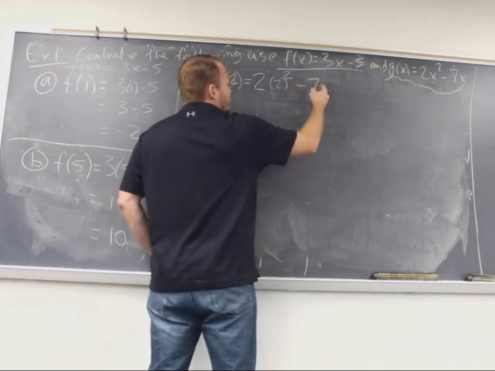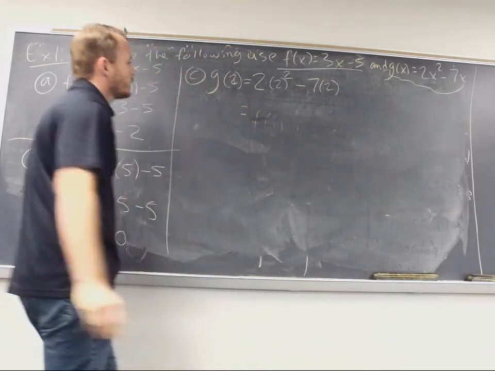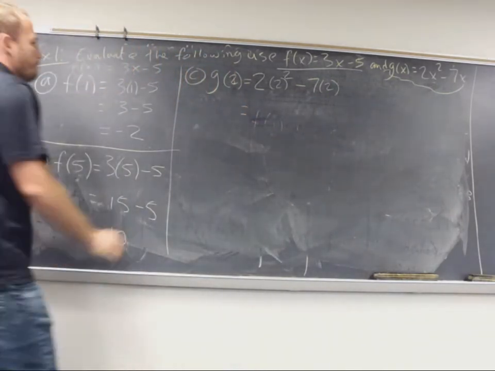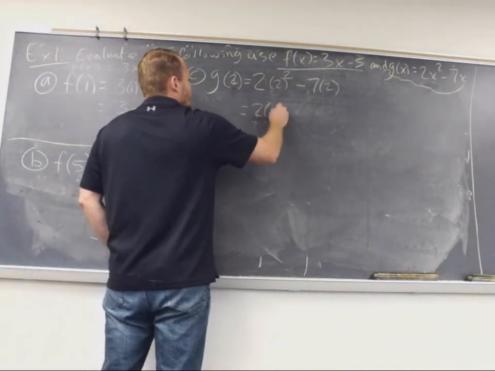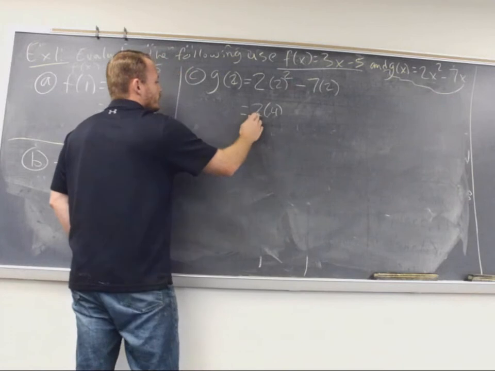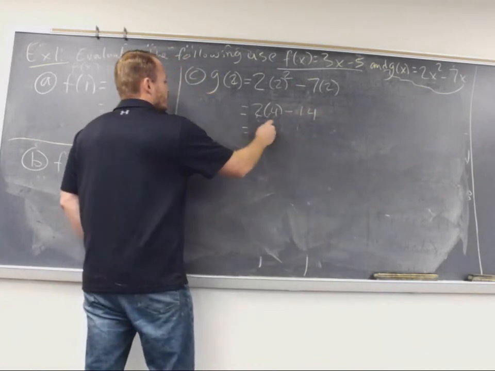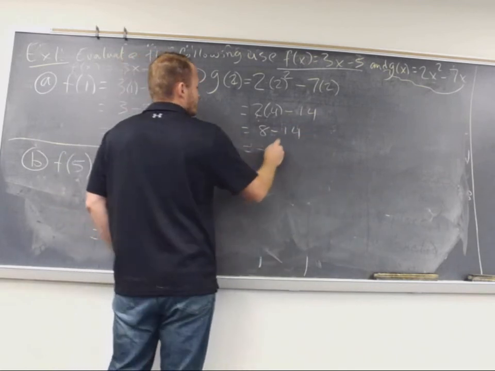Minus 7 times x, but that x is 2 now. A lot of 2's in there, and that is my fault. But that's all right. So 2 squared is 4. 2 times 4 is what we get out of that. Minus 14. Then 8 minus 14. And that's negative 6.